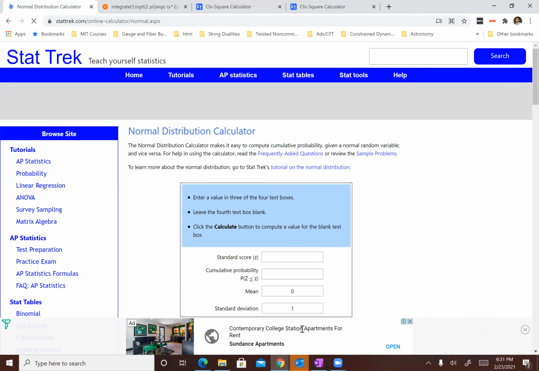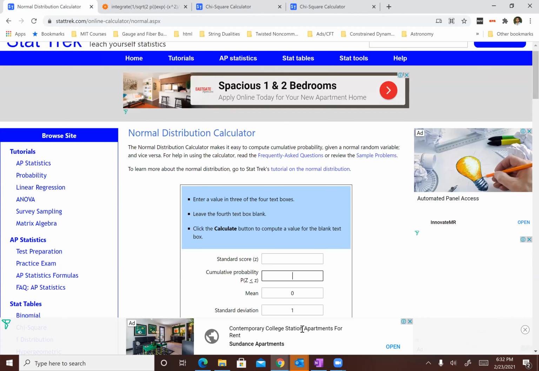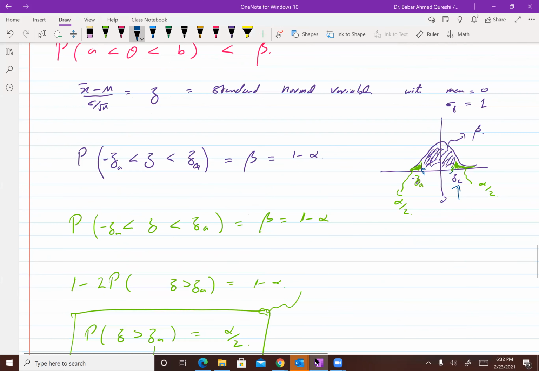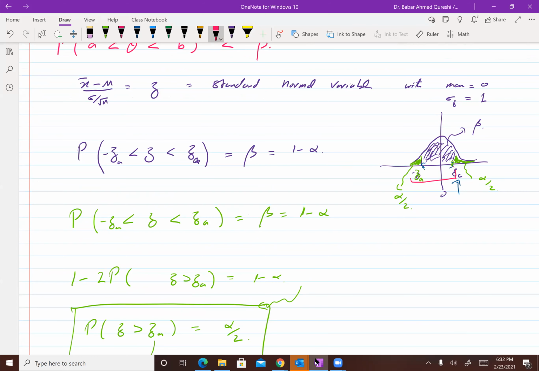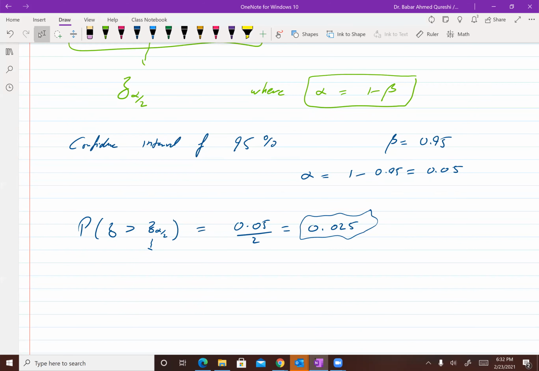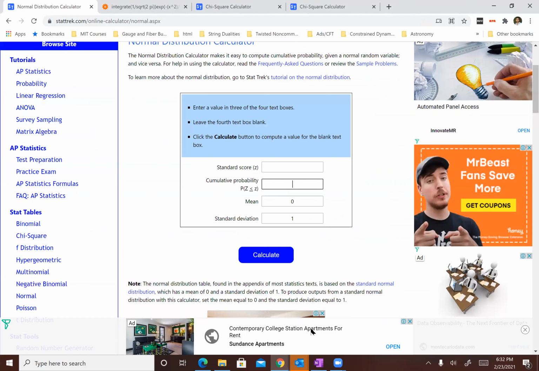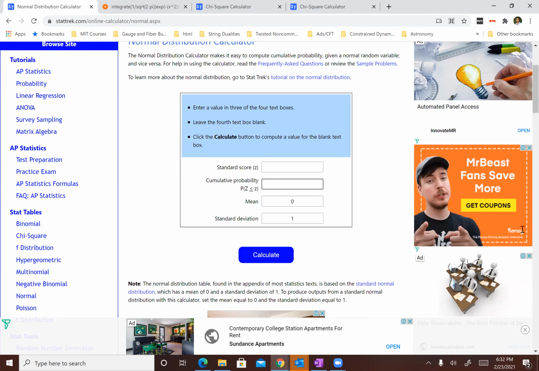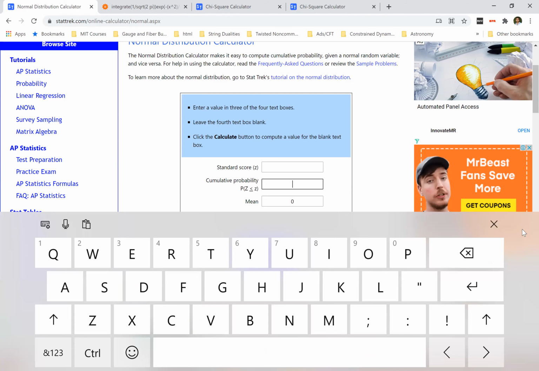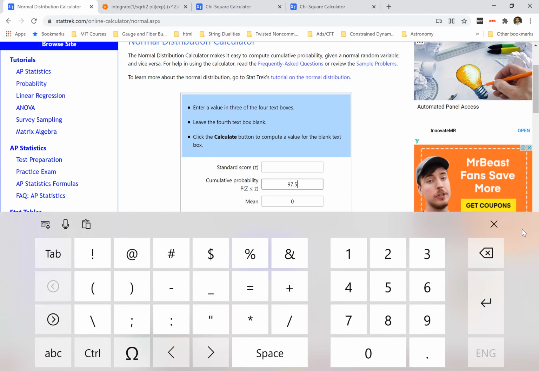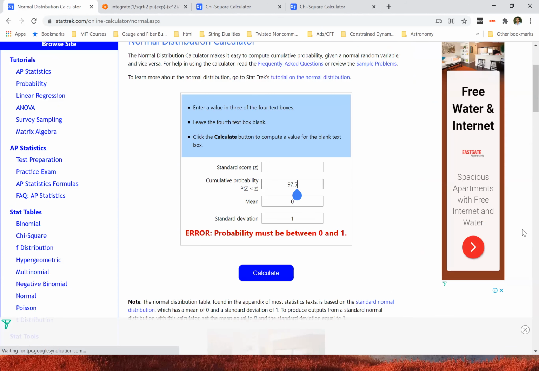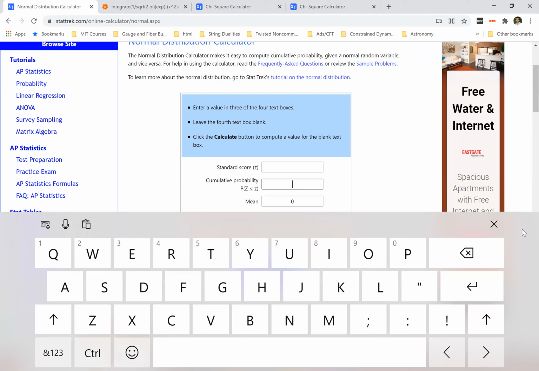Cumulative probability, since it measures from here, so instead of 0.025, I have to put in 0.975.